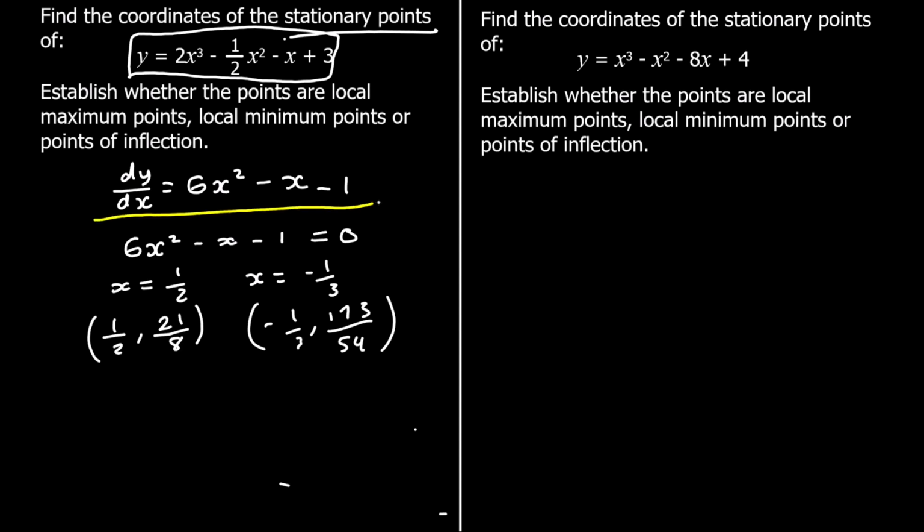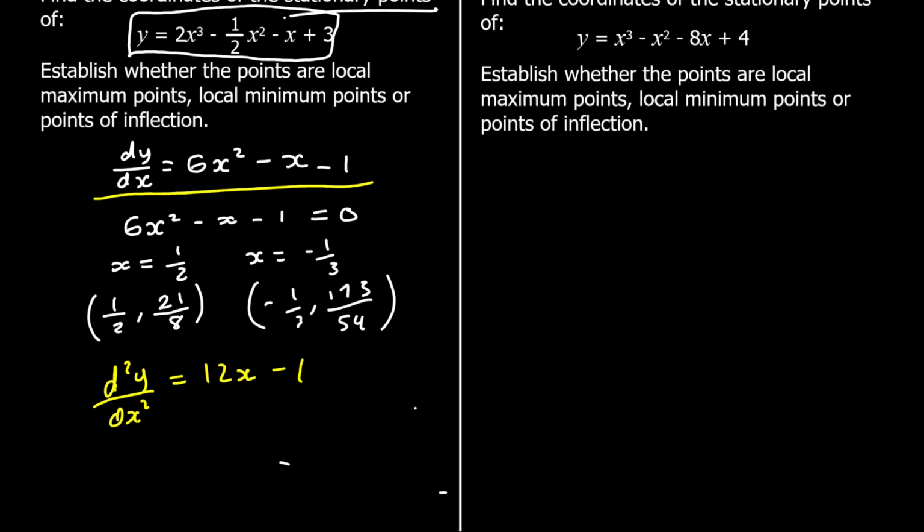So the gradient of the gradient is going to be 12x minus 1, times by the power, take 1 off the power. And then we'll look at whether the gradient of the gradient, the second derivative, is positive or negative. So when x is 1 half, 12 halves, take away 1, is 5.